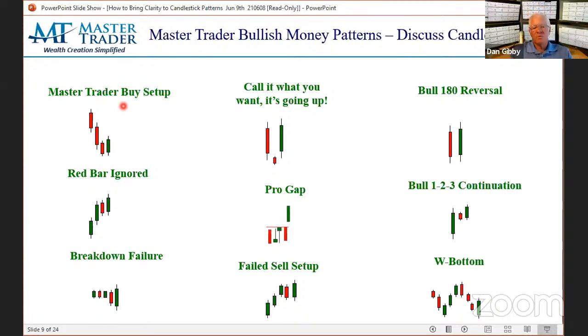What animals do you have a license to go hunt? And then it's just a matter of going to the marketplace and looking for these and following your trading plan. So this is a pullback in an uptrend. This is what we call red bar ignored, breakdown failure, kind of a downside shakeout. Double bottoms are fantastic. I mentioned the bullish 1, 2, 3 on that first slide, the bullish 180 reversal.